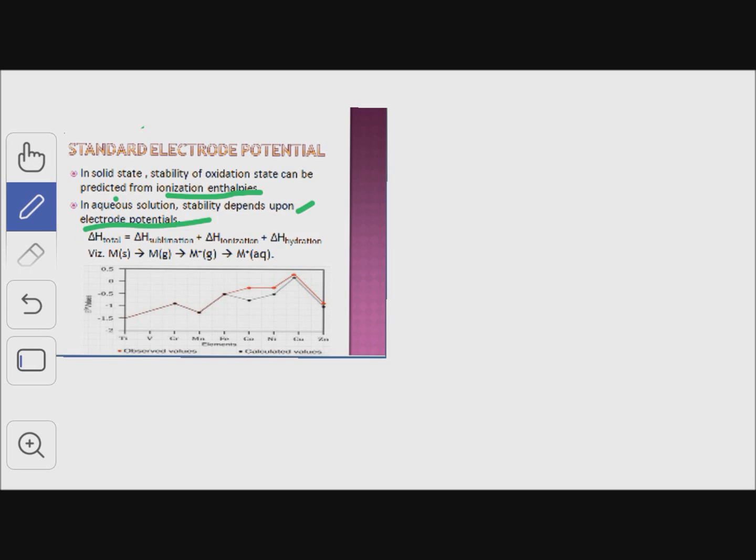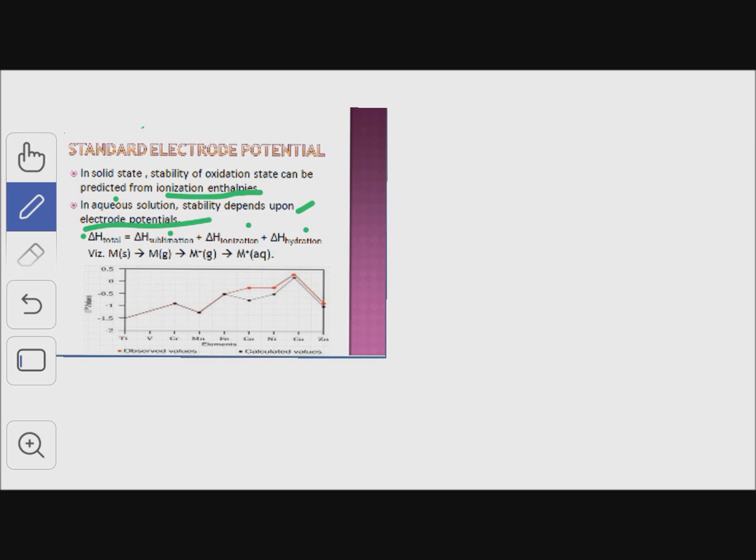And electrode potential further depends upon free energies: enthalpy of sublimation, enthalpy of ionization, and enthalpy of hydration. And the sum of all these three enthalpies gives the total enthalpy on which the electrode potential depends.